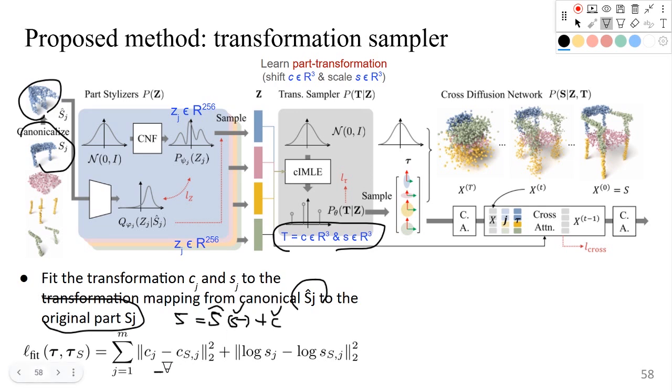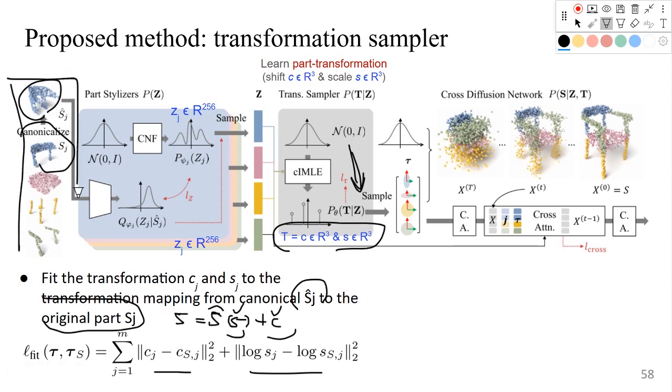So here we have the ground truth, and also we have the transformation that we want to estimate. So basically, we will estimate this and minimize with the corresponding ground truth here, S and C, that we used in the beginning when we did this canonicalization. We minimize this using the L2 norm here.